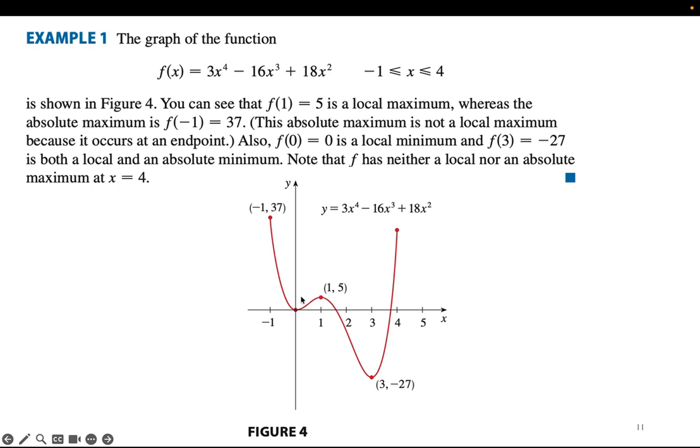And then notice that this right here is a local minimum, right? It's the smallest value in a neighborhood of 3. If I'm close to 3, this is the smallest. But in fact, this is the absolute minimum. It's the smallest over the entire interval from -1 to 4.